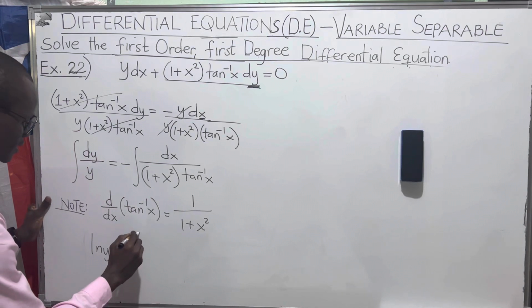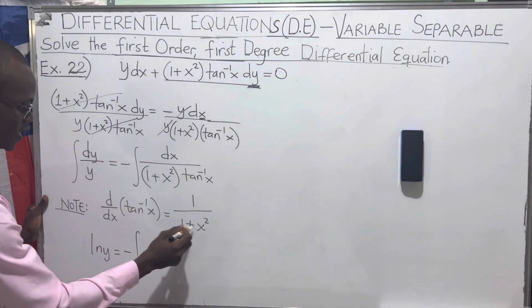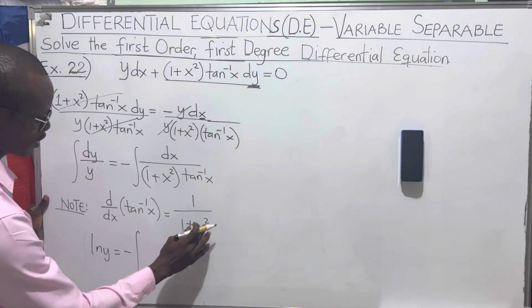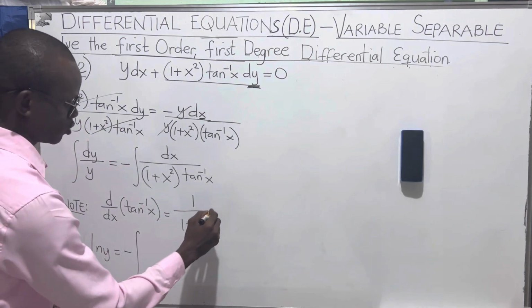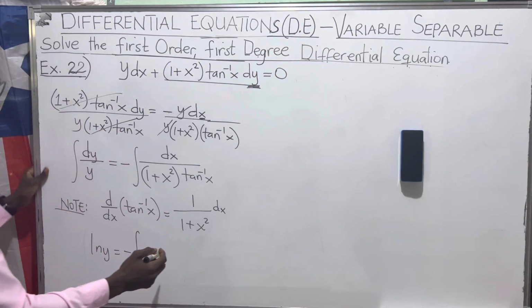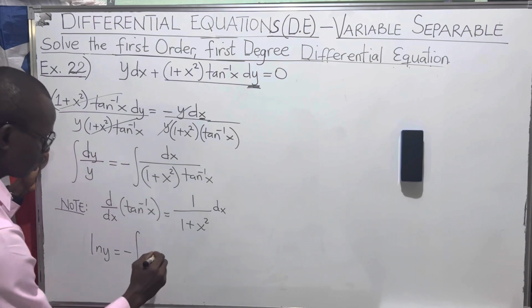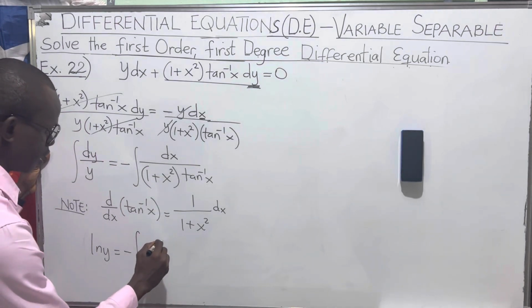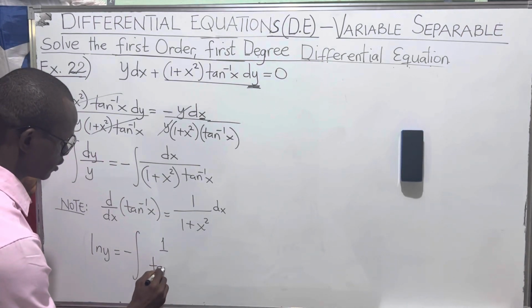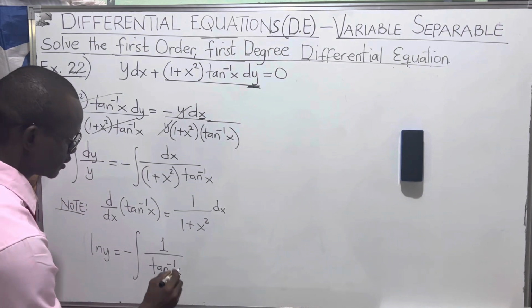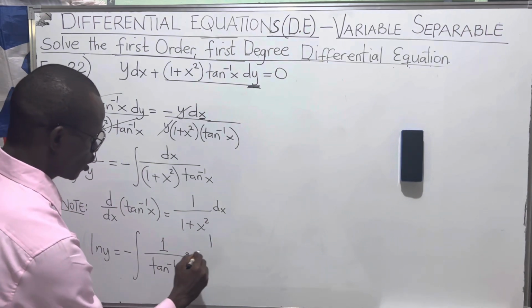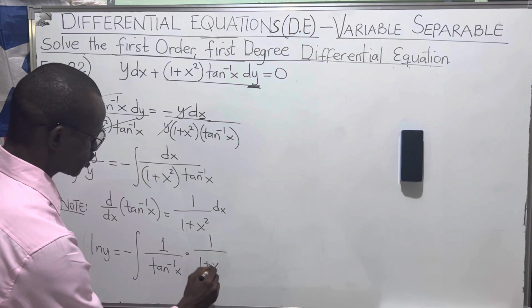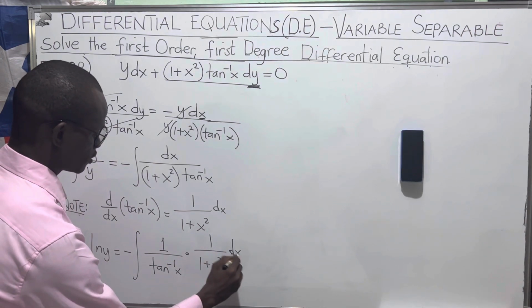If we carefully look at this, it can be rewritten in a form wherein we can put this 1 over 1 plus x squared on one side. So we can have it like 1 over tangent inverse of x times 1 over 1 plus x squared dx.